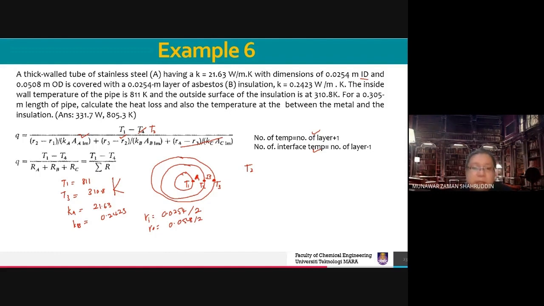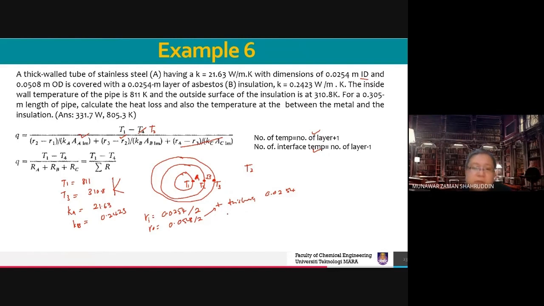That you have to plus dengan thickness. This thickness you don't have to divide by 2, so let it be 0.0254. So you already have all the information.